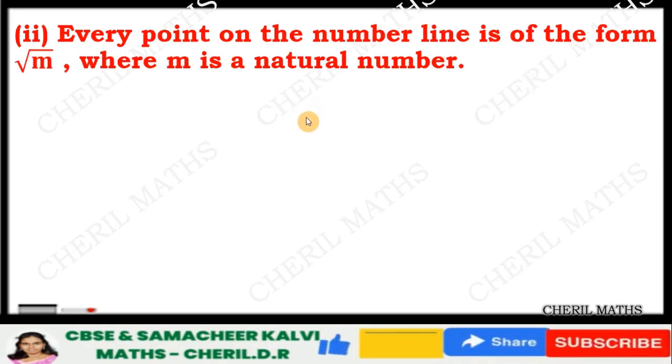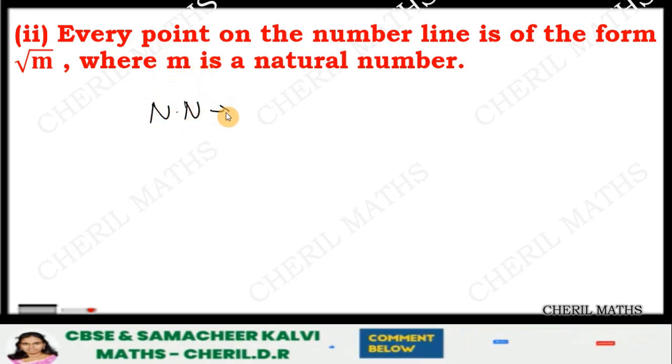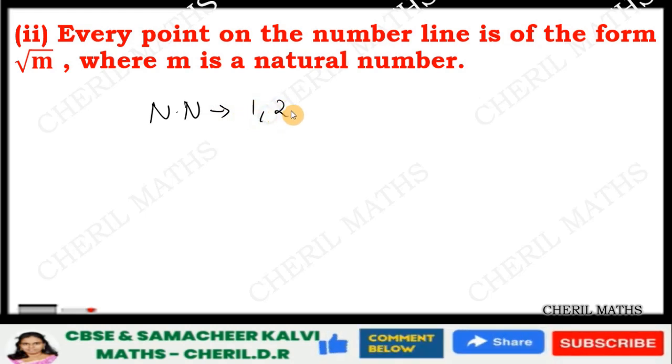Now let's get into the second question. Every point on the number line is of the form root m, where m is a natural number. They are saying that m is a natural number. That means it will start from 1, 2, 3 and so on.